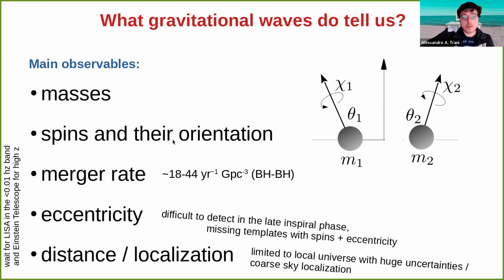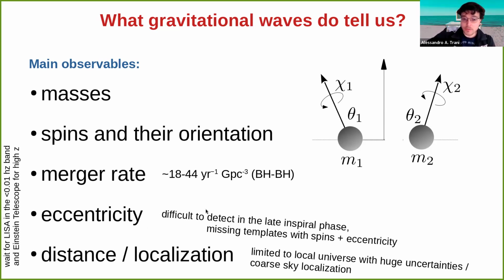The spins of these black holes and their orientation. And this doesn't come just like this. Actually, it's a bit more degenerate with masses and also with the obliquity of the spin, which is the angle between the binary angular momentum and the spin vector. Of course, we can infer the merger rate, which at the moment sits in this range.